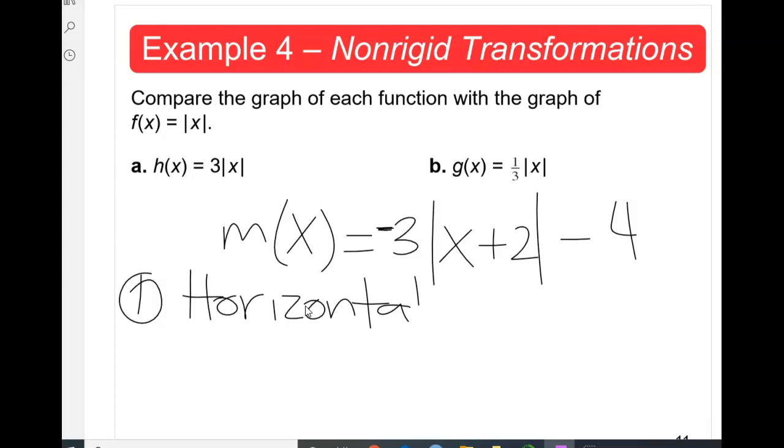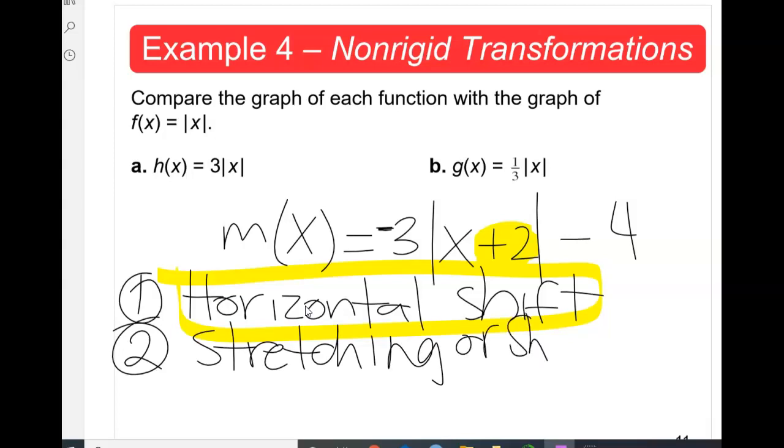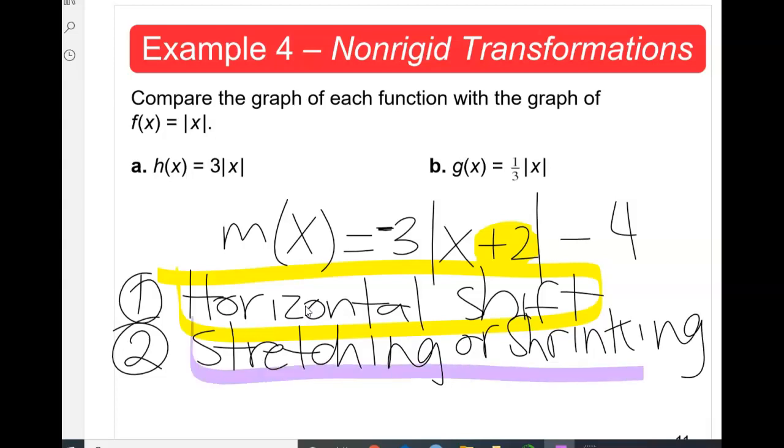Horizontal shift, which is the one being represented by the +2. Second, you will take care of your stretching or shrinking. And that will be given by the 3 right here. Not the negative, just the 3.